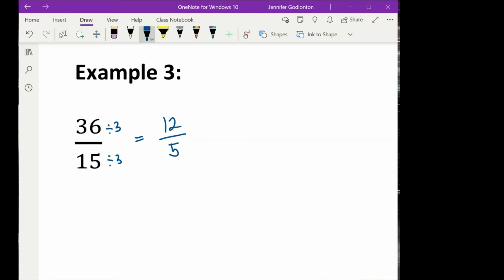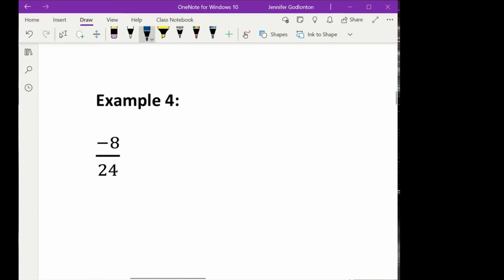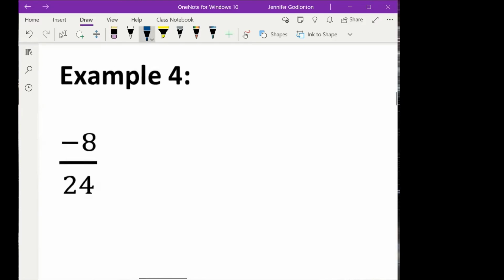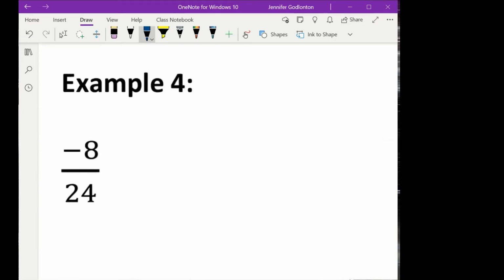Okay, let's try one more with numbers. Negative 8 over 24. What is that going to simplify down to? And now we're in another situation where our number at the top is smaller than our number at the bottom. Think about what your sign's going to be, and then think about what your fraction is going to be.